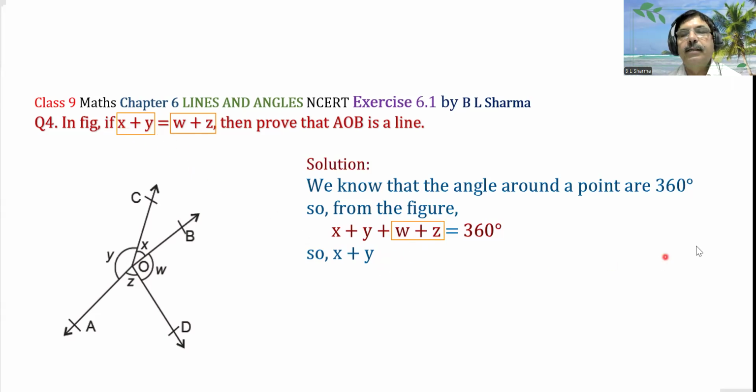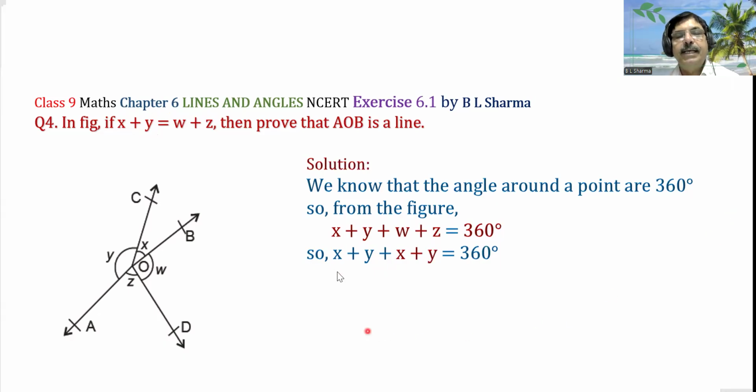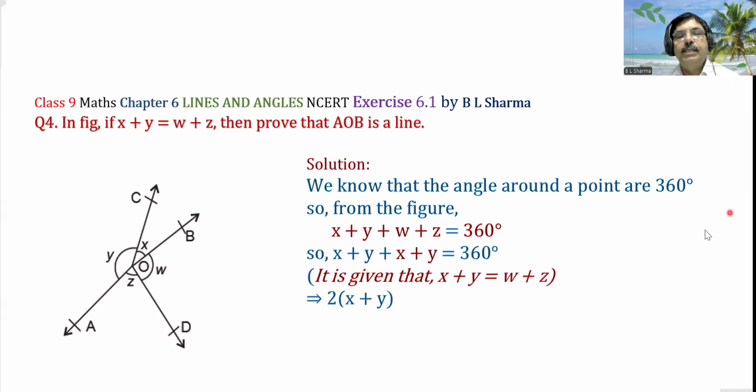So you can write x plus y plus x plus y is 360 degree. 1x and 1x is 2x, plus 1y plus 1y is 2y. So you can write 2x plus 2y is equal to 360 degree. So x plus y will be 360 upon 2, that is 180 degree.